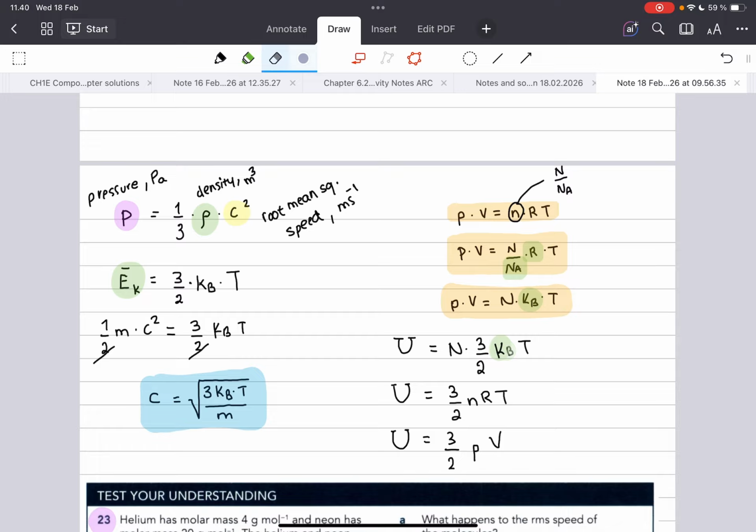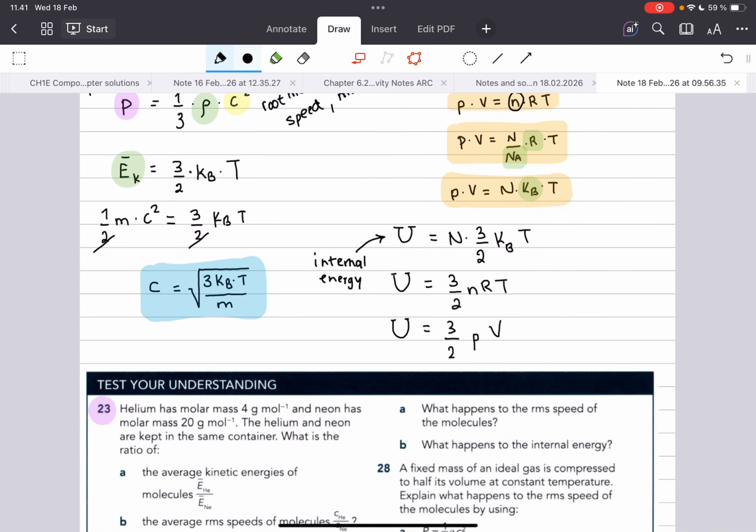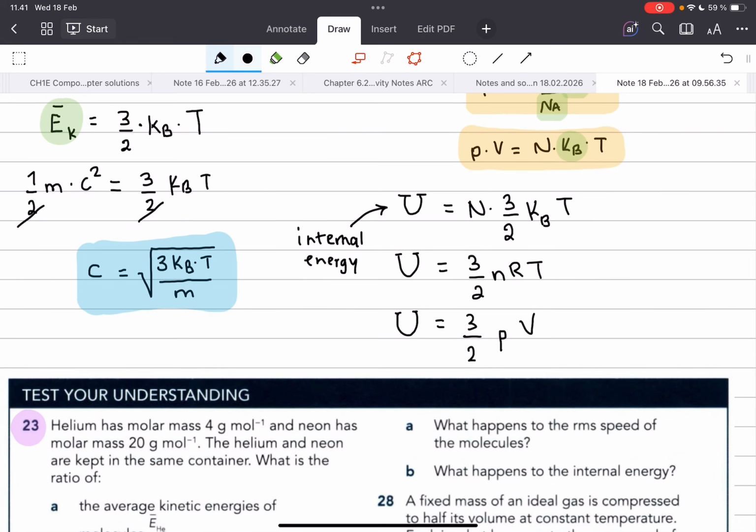Okay, now the internal energy of an ideal gas, which we notate with U. In the past, we've learned that the internal energy is equal to the sum of the kinetic energy of all of the particles in the substance plus the potential energy of all the particles in the substance.